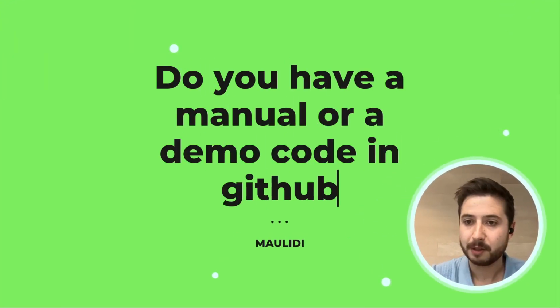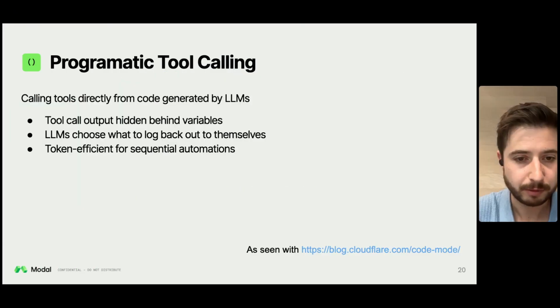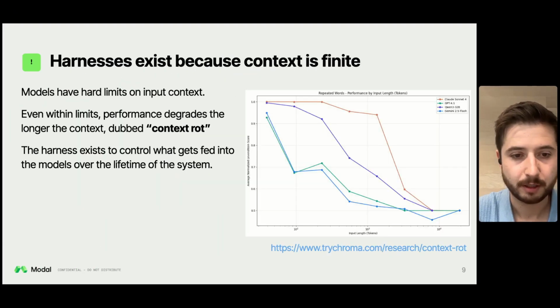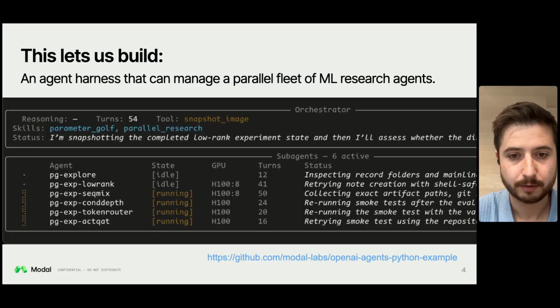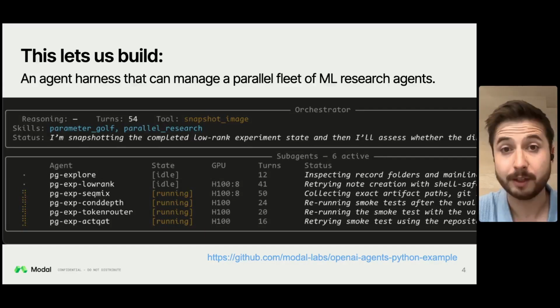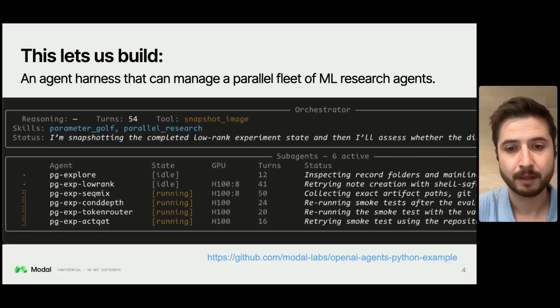Do you have a manual or demo code in GitHub? Yes, we do. That is in the slides here. I hope you can see the slides after this, but right down here, Modal Labs / OpenAI agents Python example, you can definitely pull that up, and that will show you the exact thing that I demoed to you that you could use to go off of.